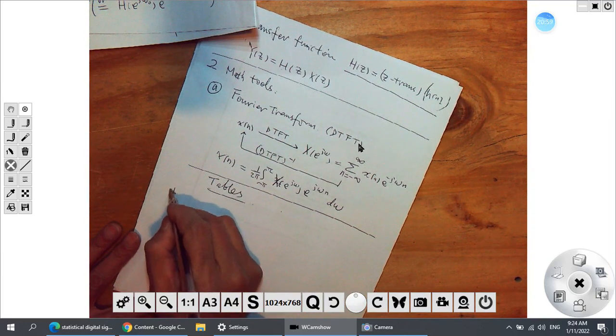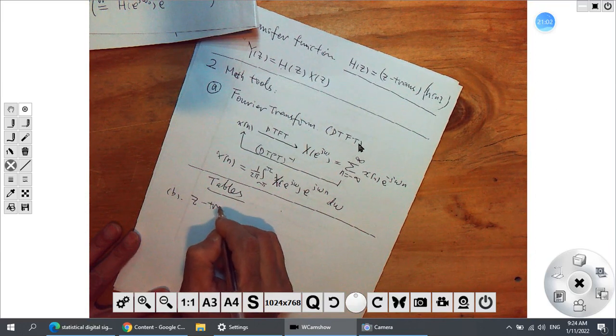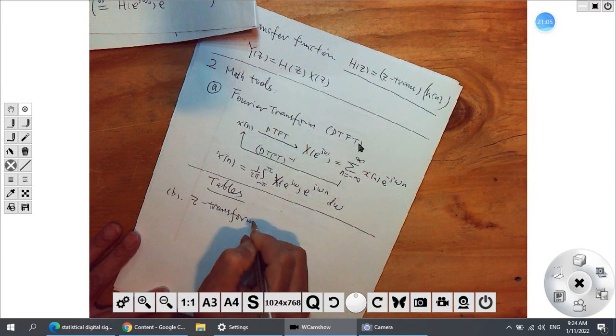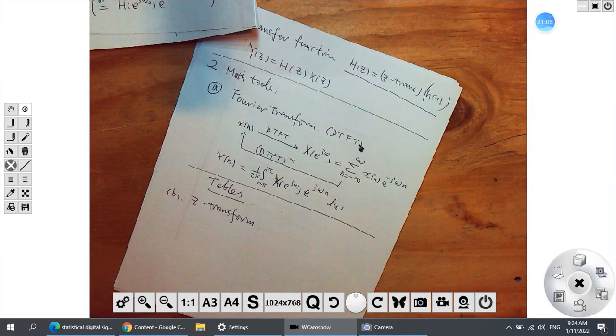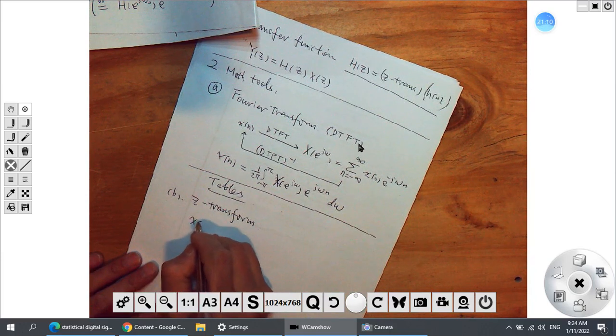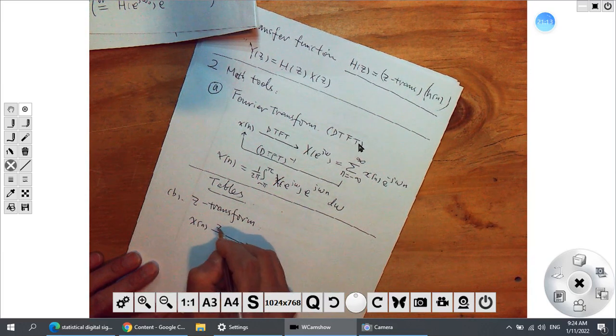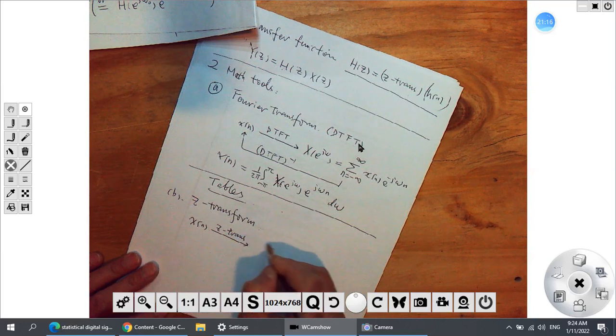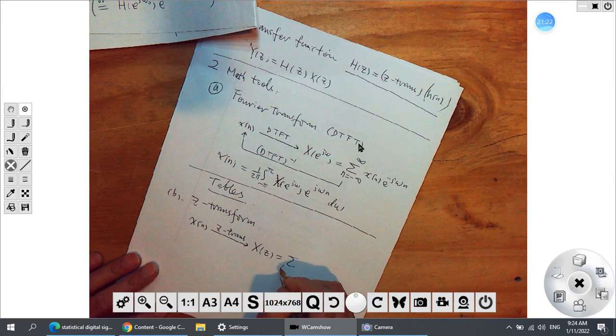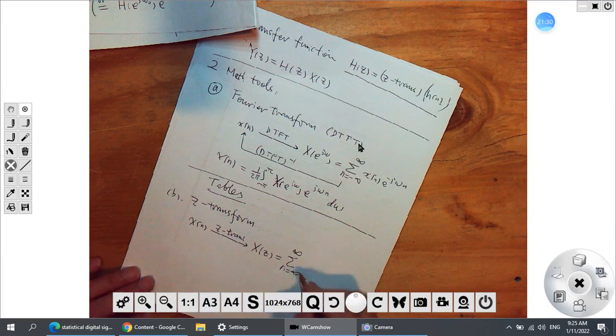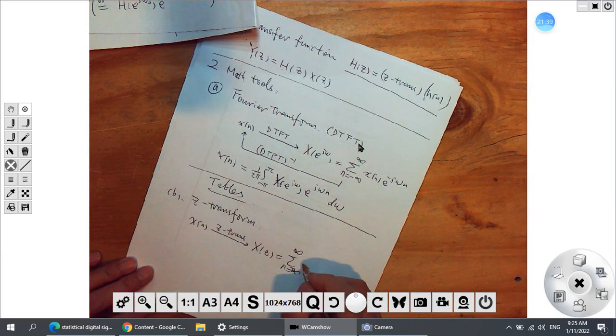And the second one is the Z transform. For the Z transform, it is similar. I have a signal x of n. By the Z transform, we have capital X of Z, which is a summation, with n running from negative infinity to positive infinity, of x of n.